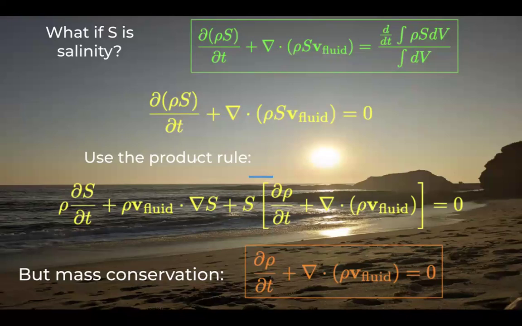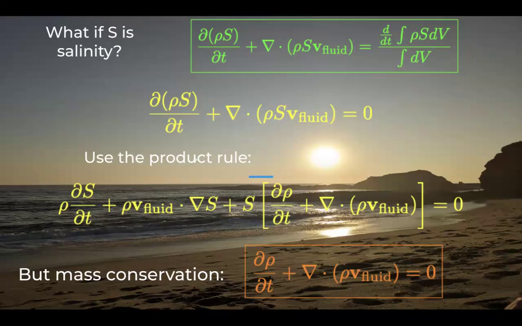If I take the derivative of this guy, it'll be those times S, which is written out here, step by step. So here's rho dS dt, rho v fluid. That's the rest of the stuff inside there. I've now pulled outside and left just the S behind, times this one and that one times S.